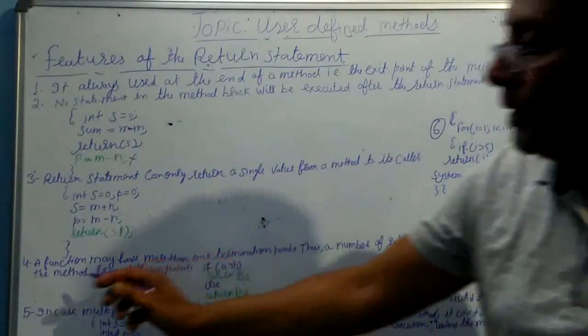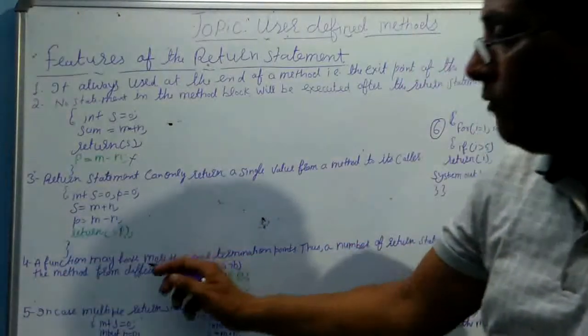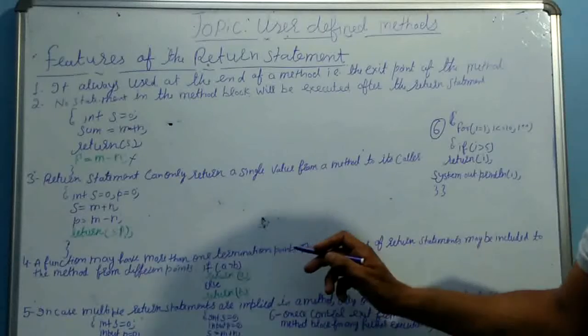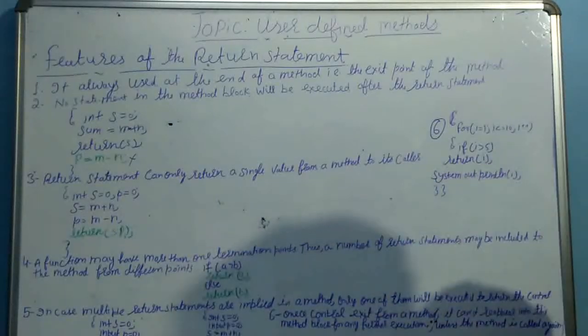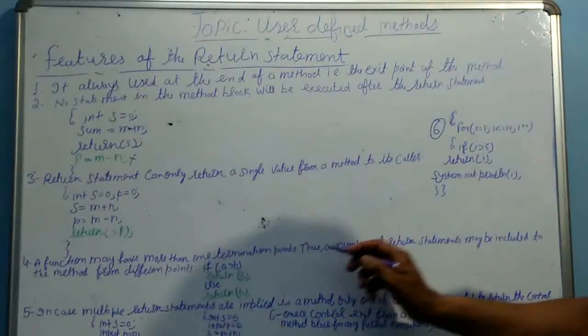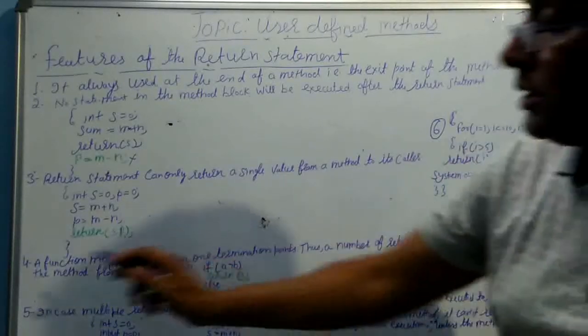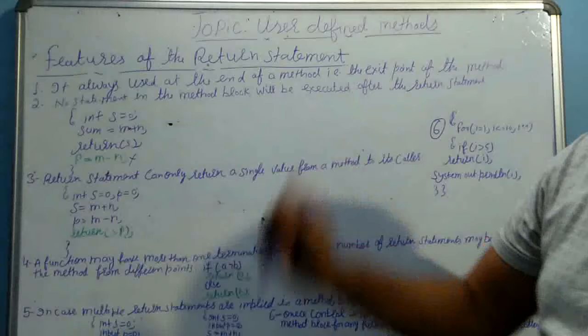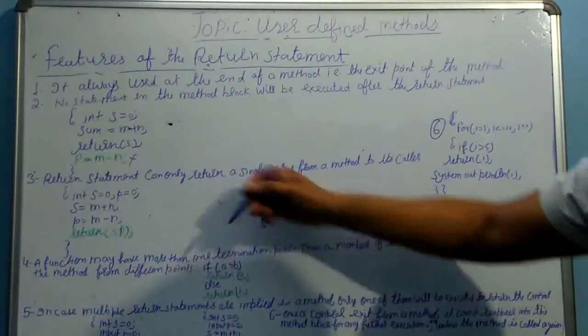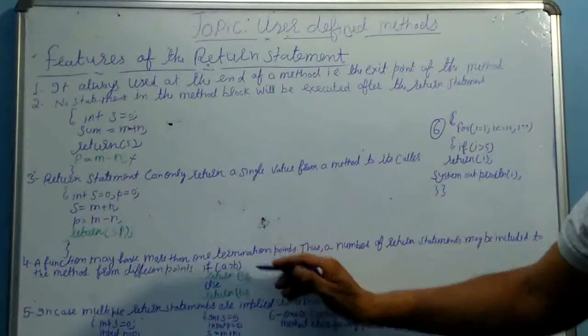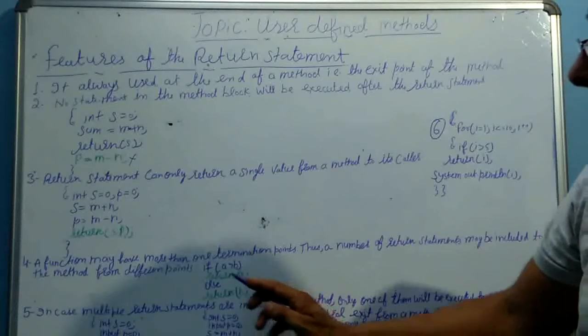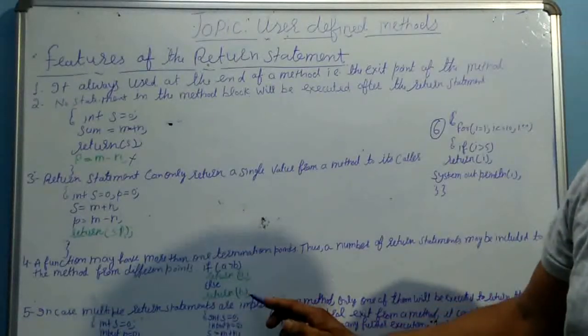Next, fourth point, a function may have more than one termination point. Thus, a number of return statements may be included in the method at different points. For example, if a is greater than b, return a, else return b.